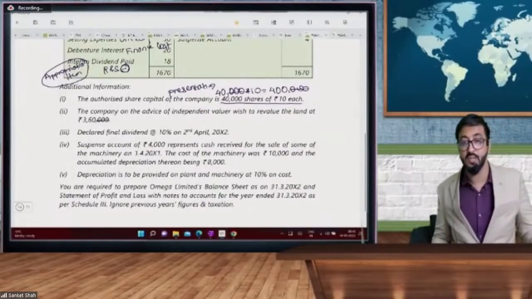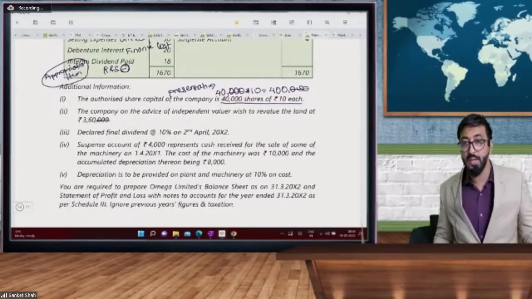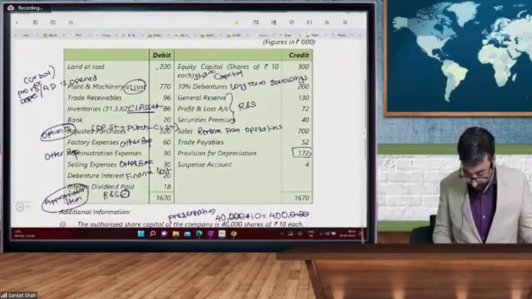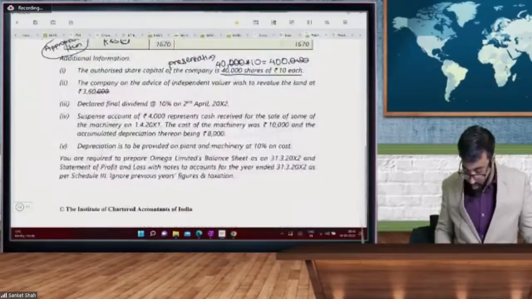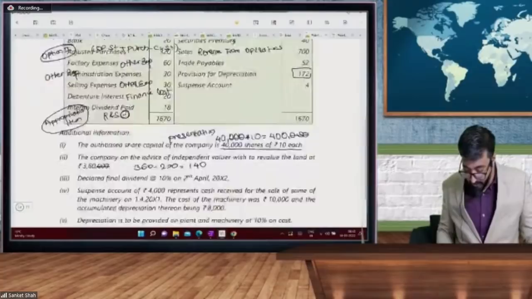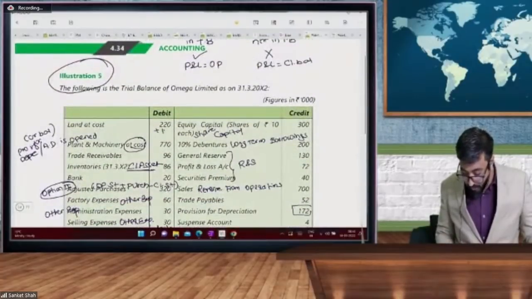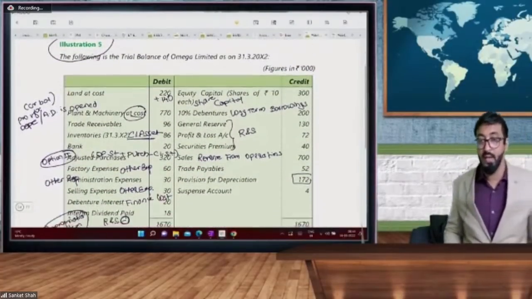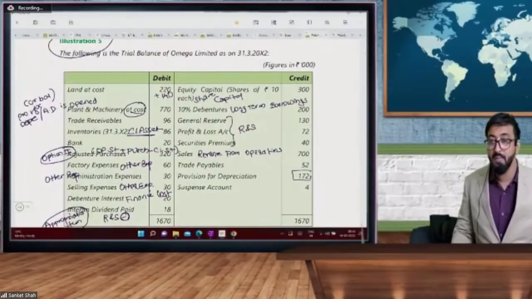Last three zeros, cancel it, cut it. So the company on the advice of the independent valuer revalues the land at 360. Now what is the balance of land? 220, and 360. So 360 minus 220. This is 140. 140, we will add it on the asset side. Land will be recorded at 220 plus 140.